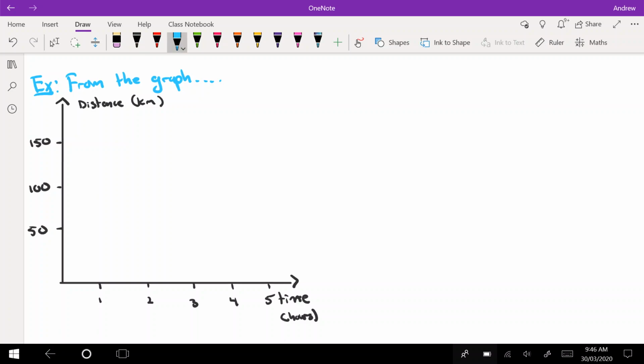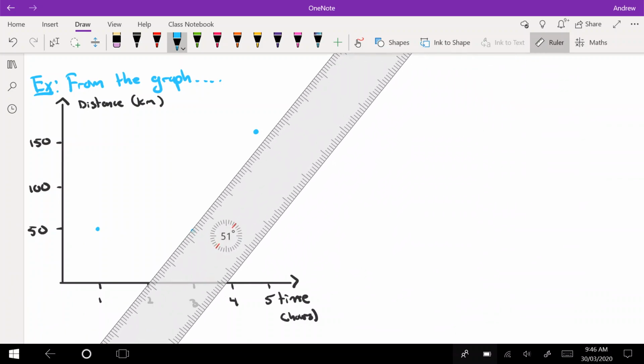And then let's put in my points. Now, I know this example. You won't know this until the end. But we're going to have a certain distance time graph, and it'll look something like this once it is all drawn.